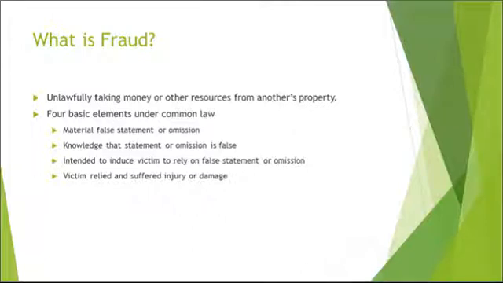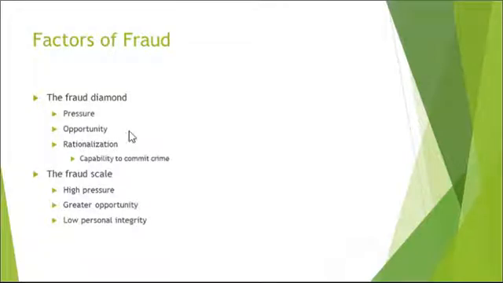So, what are the factors that lead to people committing fraud? The first one is the fraud diamond theory, which talks about there being three factors: pressure, opportunity, and realization, and obviously capability to commit this fraud.